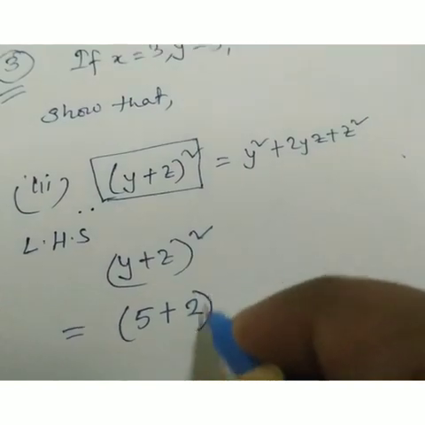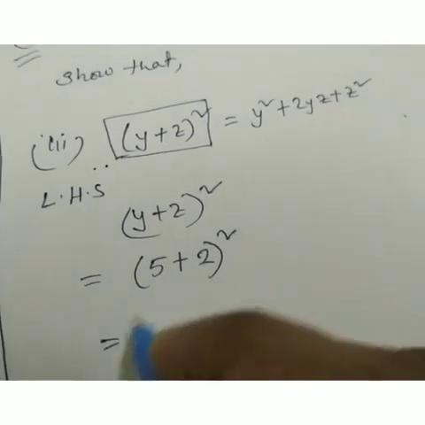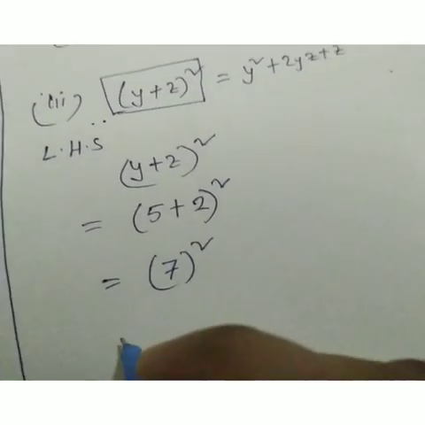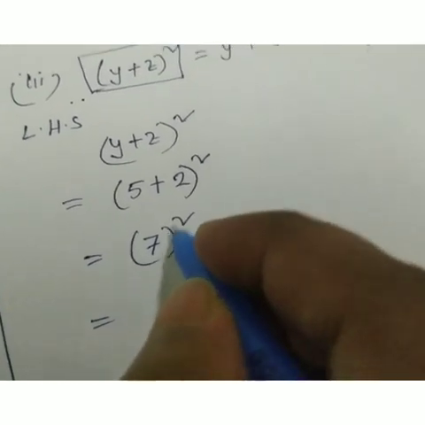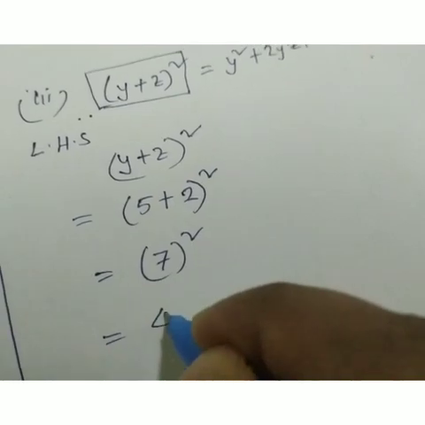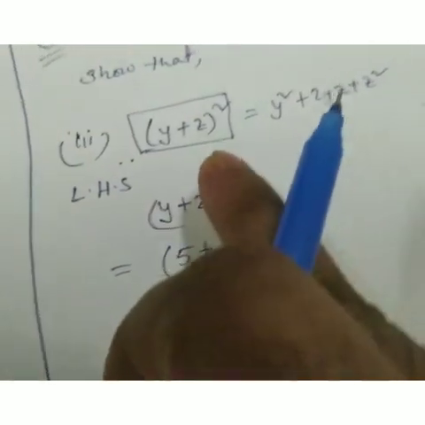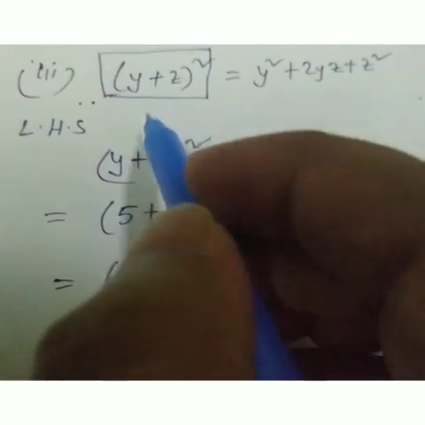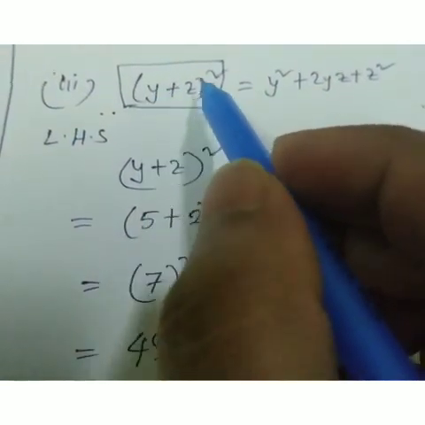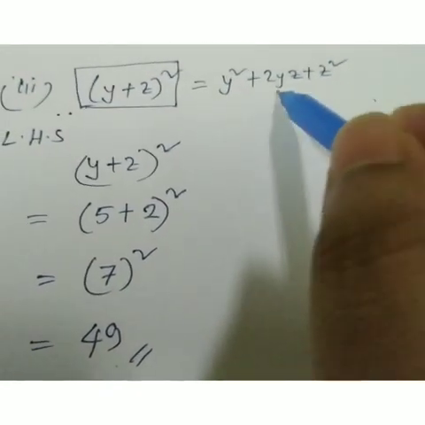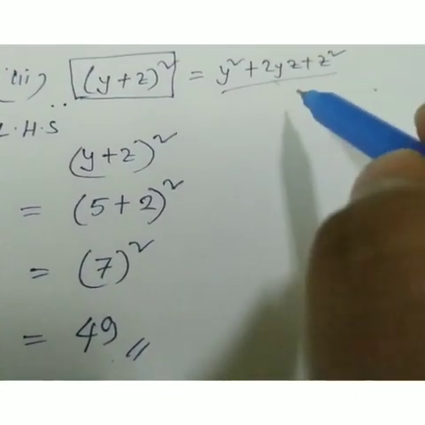So 5 plus 2 whole square equals 7 whole square. 7 whole square means 7 into 7, which is 49. So this is my left hand side. Just putting the values of y and z, I got 49. Now the right hand side also I need to get the value as 49.